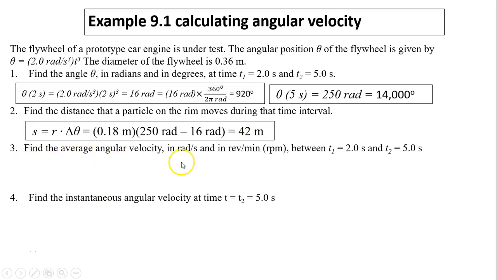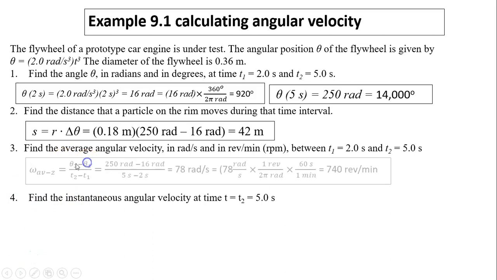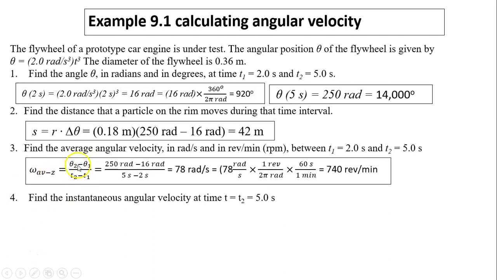Next one, find the average angular velocity in radian per second and in revolutions per minute between t1 equals 2 seconds and t2 equals 5 seconds. The average angular velocity, omega, equals the change of theta divided by the change of t. Substitute your given quantities, and you'll have 78 radian per second.